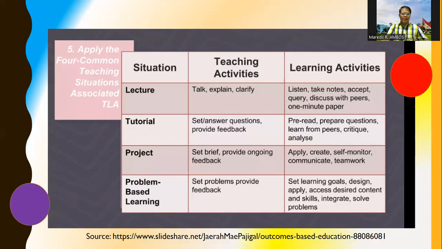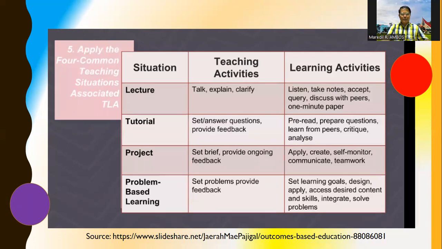Then for project, for teaching activities, we need to set a brief and provide ongoing feedback. For the learning activities, it involves applying, creating, self-monitoring, communicating, and teamwork. The last situation is problem-based learning.